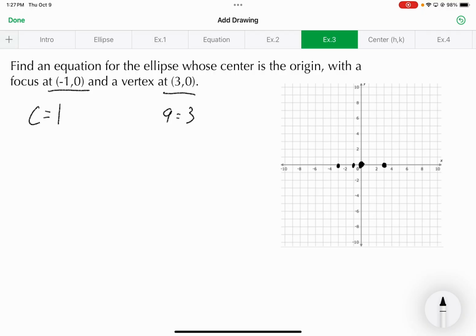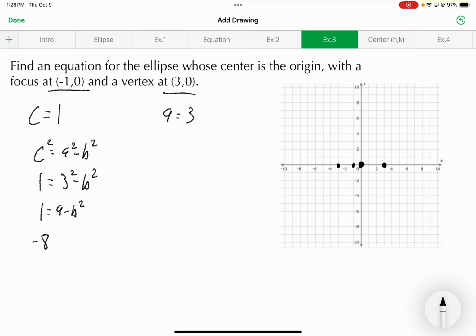So then I can use that information to find what B is. Okay, I'm going to just launch right into that. So then C squared is equal to A squared minus B squared. And then plug in the letters we know. So 1 is equal to 3 squared minus whatever B is squared. All right, so 3 squared is going to give me 9.